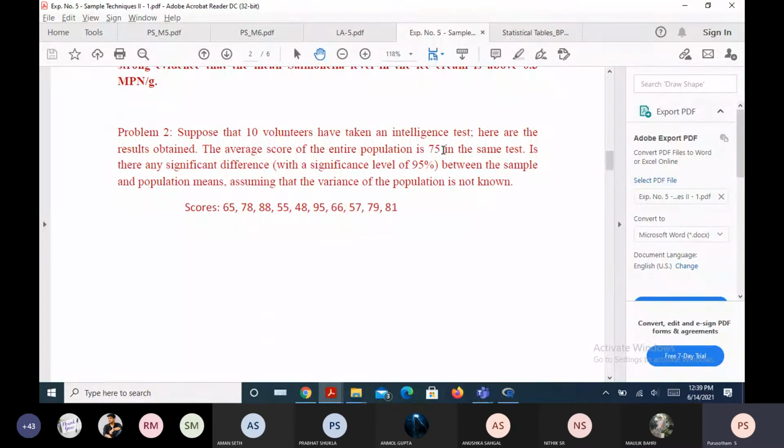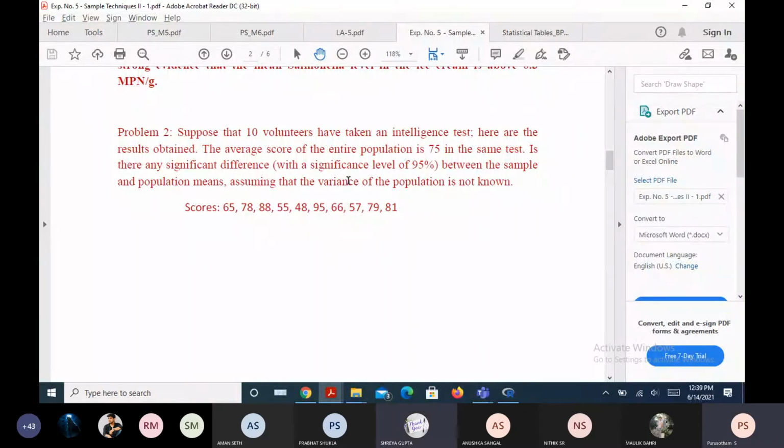How many observations do we have here? 10 observations, right? N is below 30, so it is a small sample, and we do not know the population variance. Therefore, you have to go with the single sample t-test.